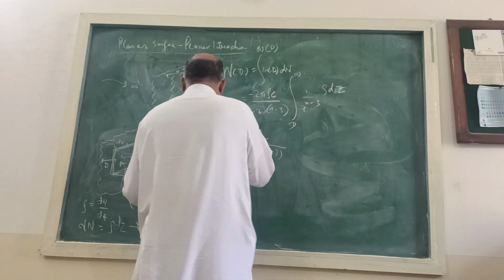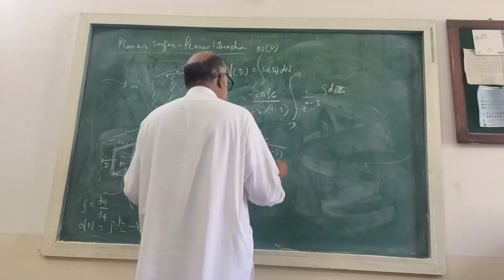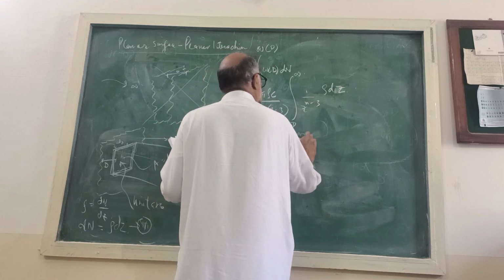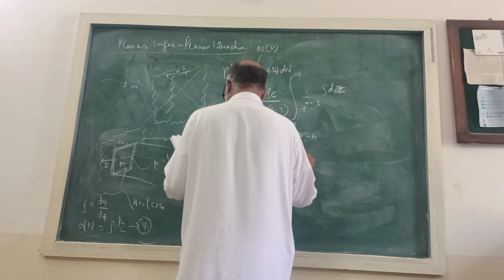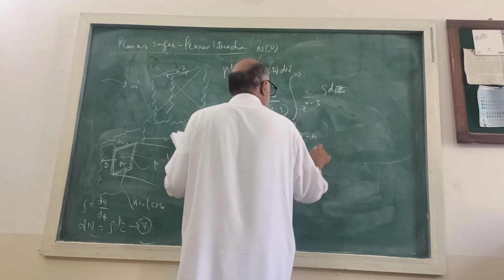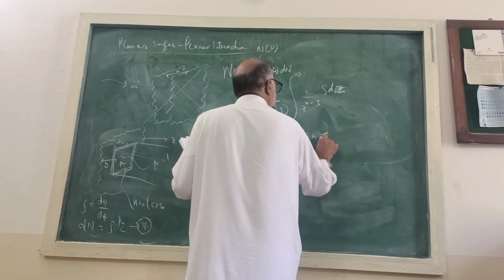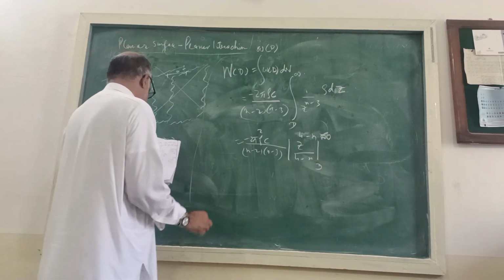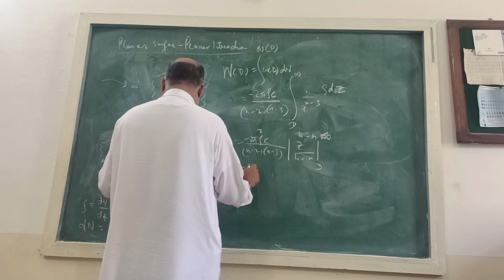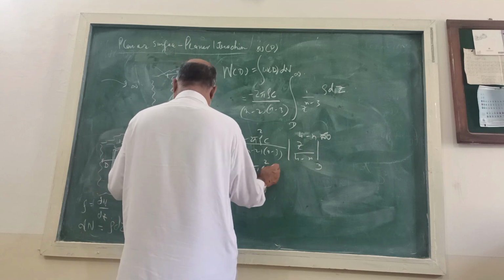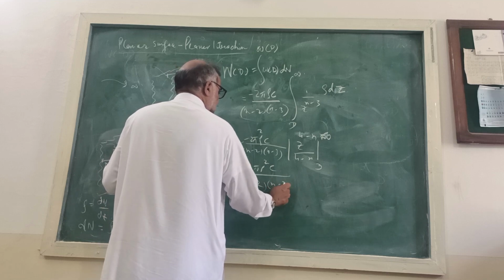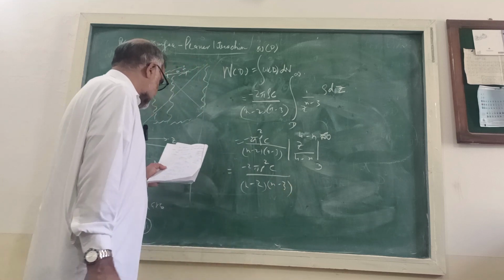So it will be z to the power 4 minus n from d to infinity, right? And that is minus 2 pi rho square c over n minus 2, n minus 3, right?